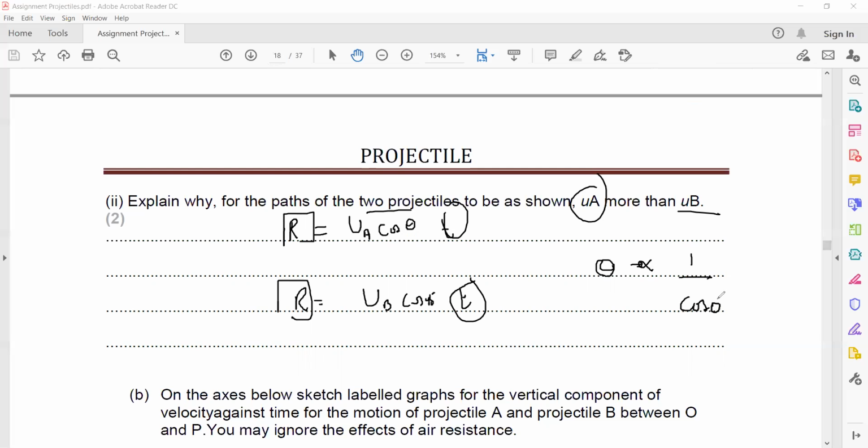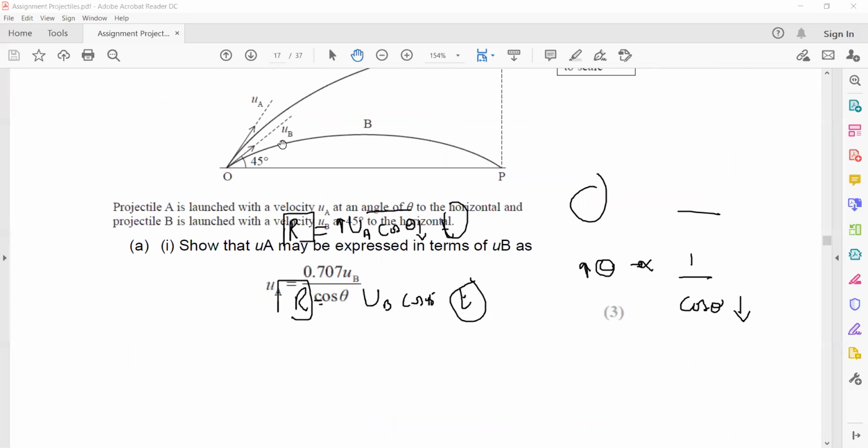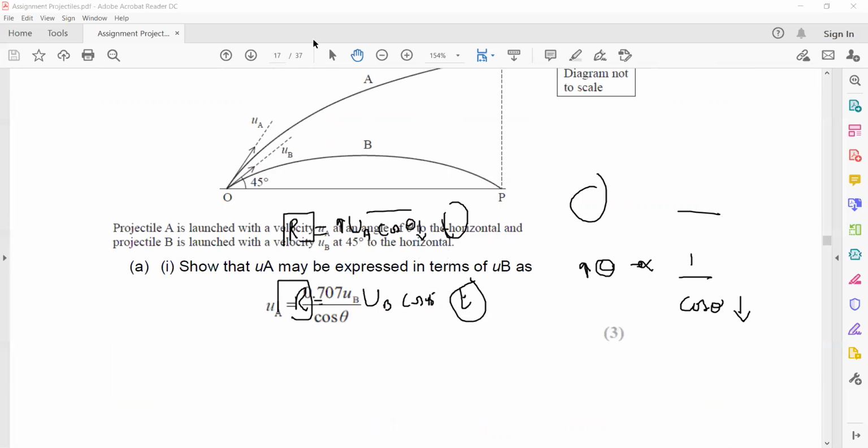So as theta increases, cos theta decreases. The launching angle of UA is more, so the cos theta value is decreasing, so UA should be higher, so that we will have the same range. Is it clear?